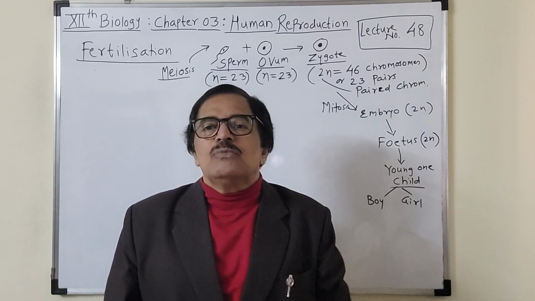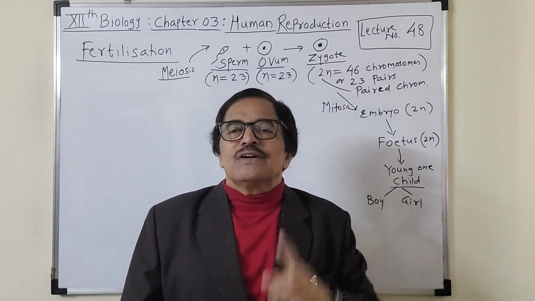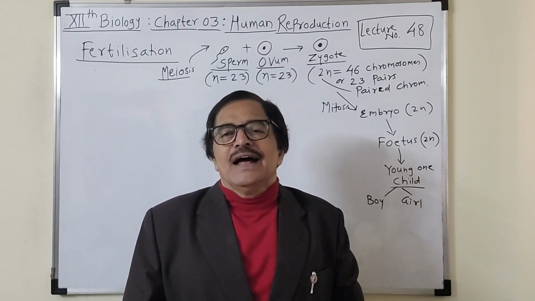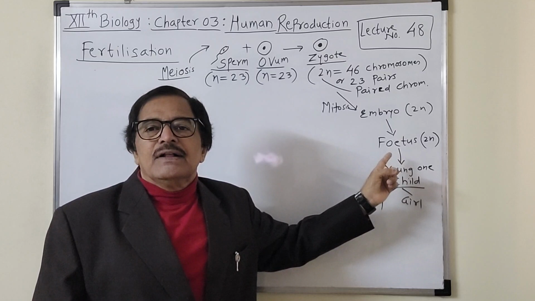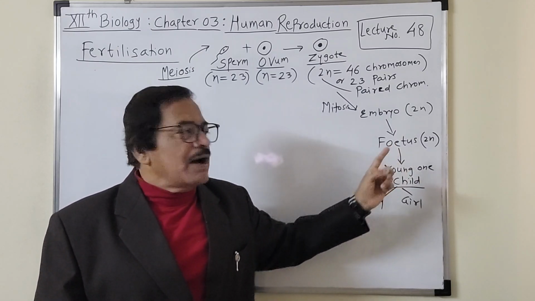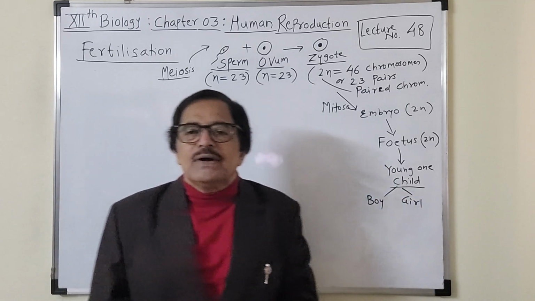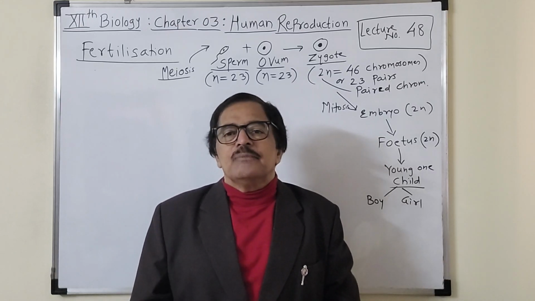Some organs start forming there, which are inside our body. Then the structure also changes and becomes like a human one, and that is called the fetus. After the full development, at the time of birth, it is converted into the young one, that is the child, and then the mother gives birth to that child.